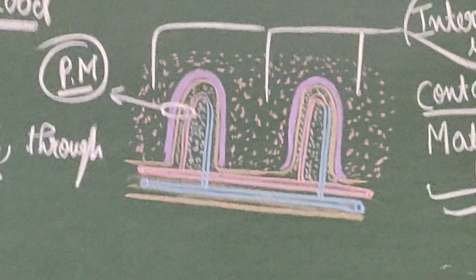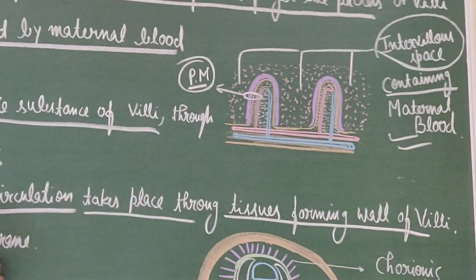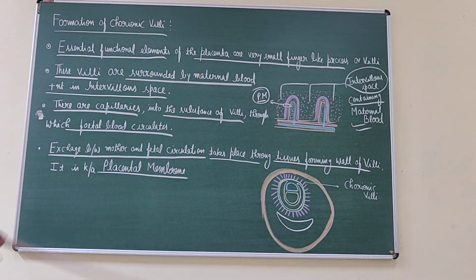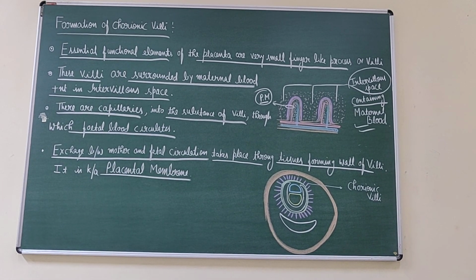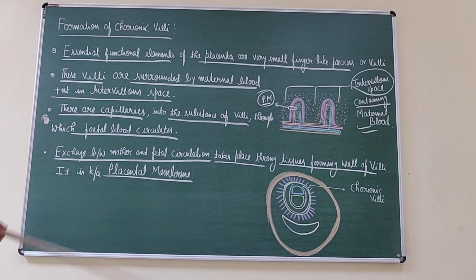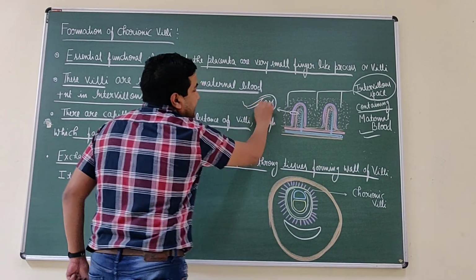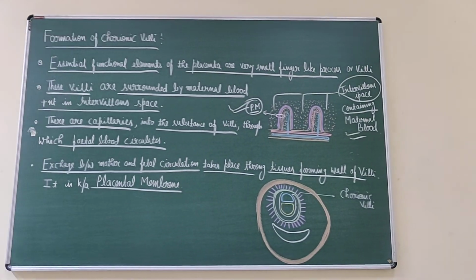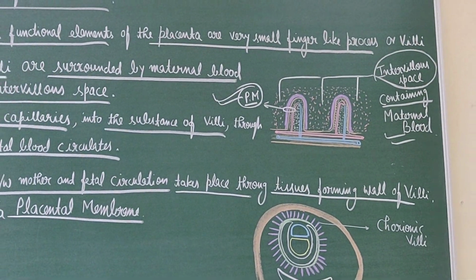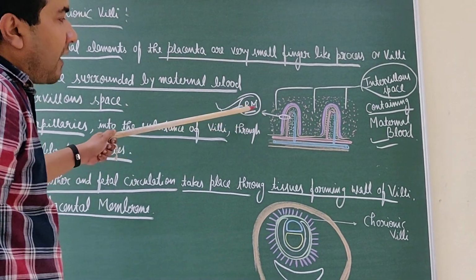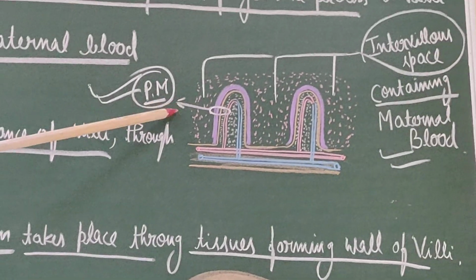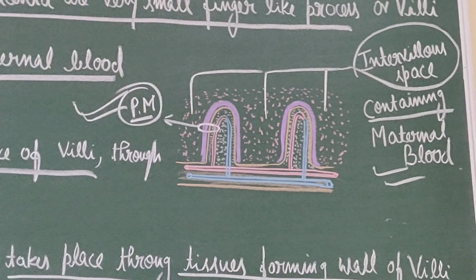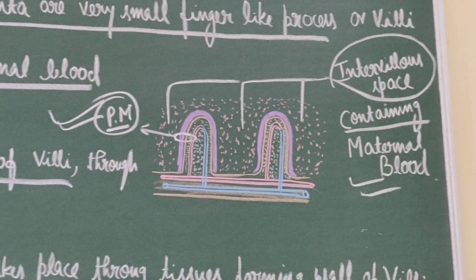This wall is known as the placental membrane, or the placental barrier. This is the placental membrane through which exchange of material occurs between the mother and the fetus.